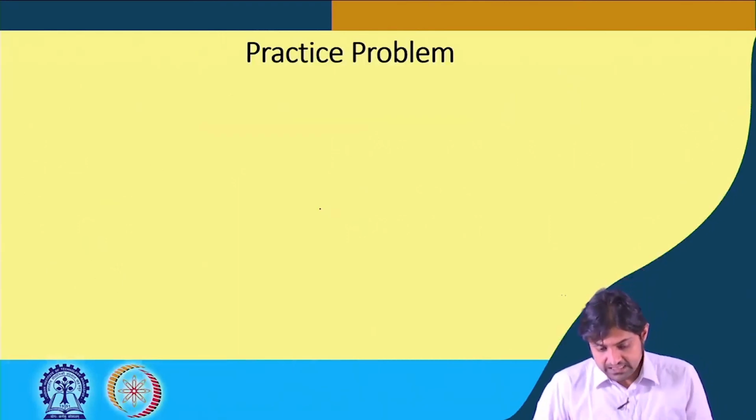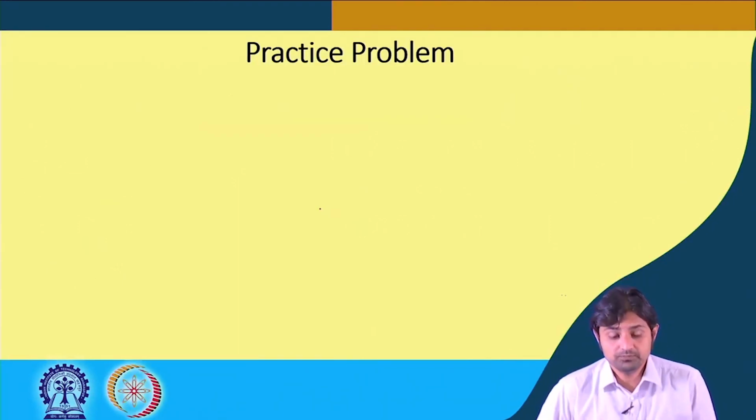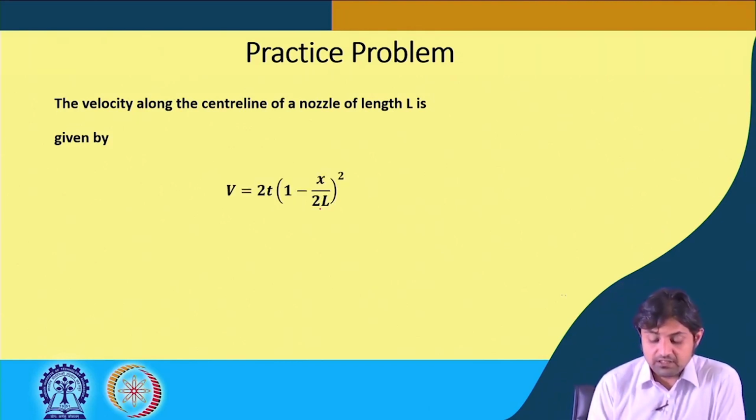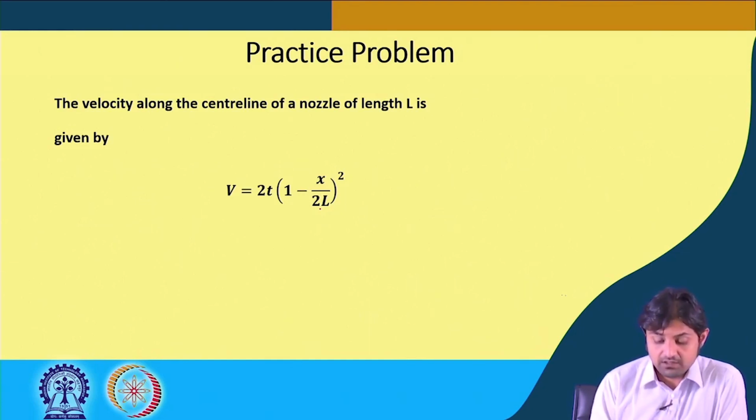So, now we will see a practice problem. The question is: the velocity along the center line of a nozzle of length L is given by V is equal to 2t times 1 minus x by 2L, whole square.